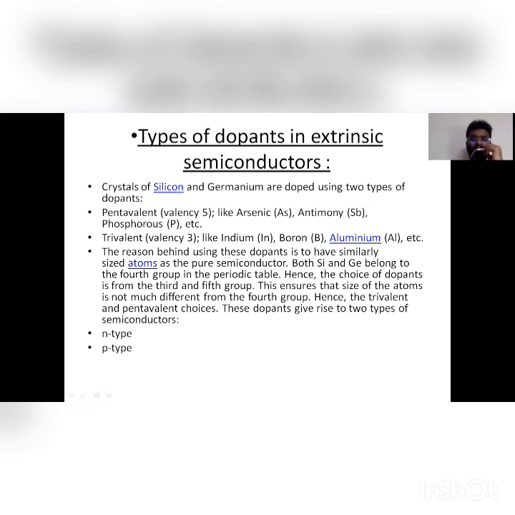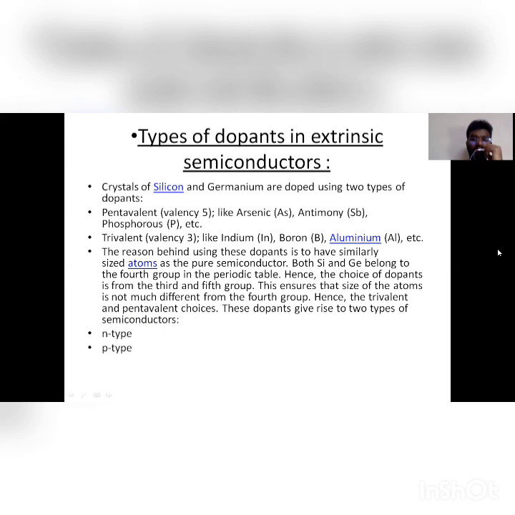Both silicon and germanium belong to the fourth group in the periodic table. Hence, the choice of dopants is from the third and fifth group. This ensures that the size of the atoms is not much different from the fourth group. Hence, the trivalent and pentavalent choices.